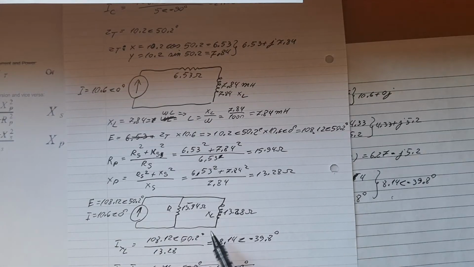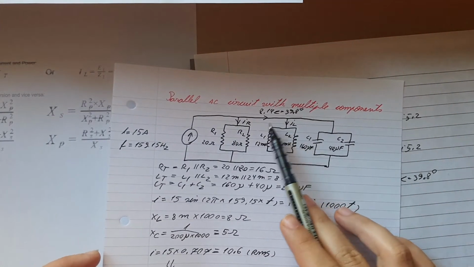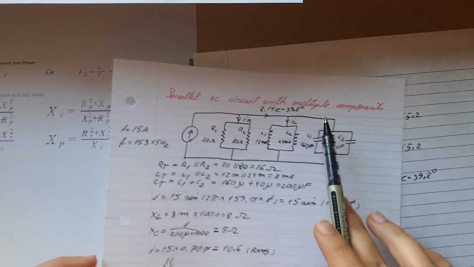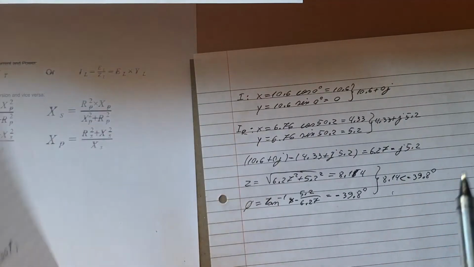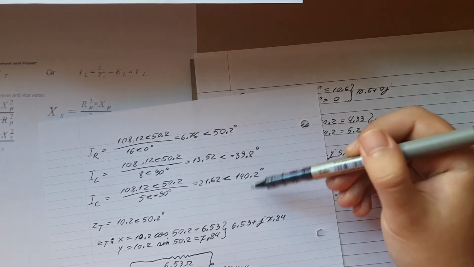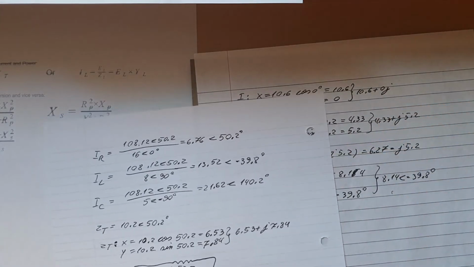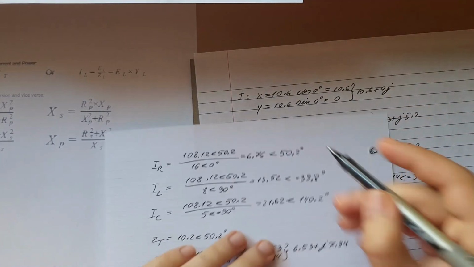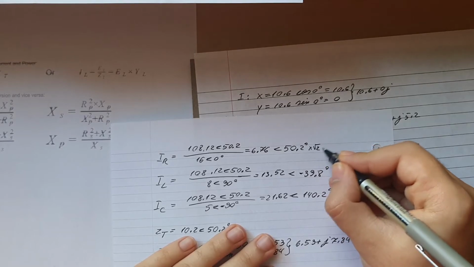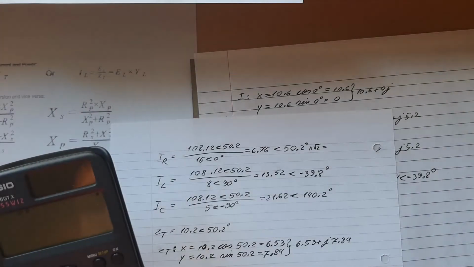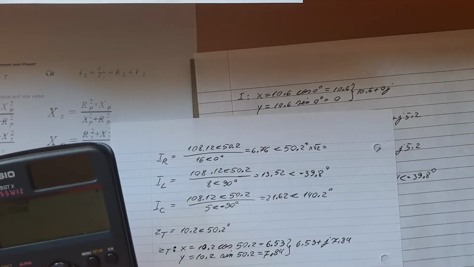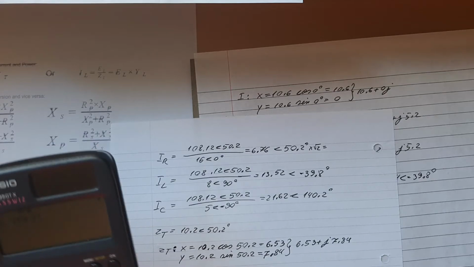I won't recommend you to do it this way, to be honest. I'll recommend you to find a specific one. If you want to find the current to here, here and here, just apply this formula that we applied here. Okay, actually let's find the peak values. So that'll be times square root 2, that'll be equal with 6.76 times square root 2.